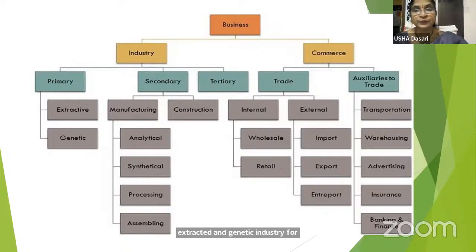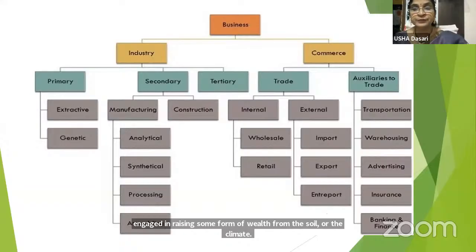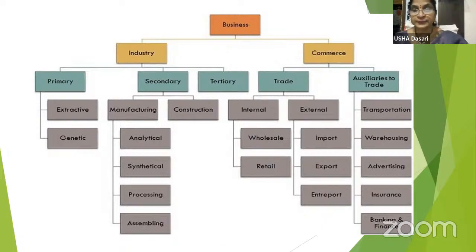The first one is the extractive industry. What do you mean by extractive industry? The extractive industry is engaged in raising some form of wealth from the soil, climate, air, water, or from beneath the surface of the earth. For example, mining, fishing, and hunting are all covered in this category.